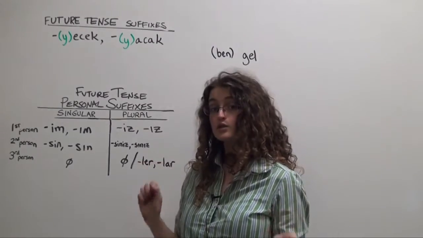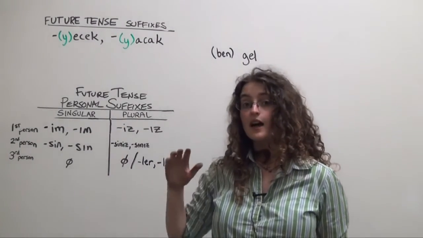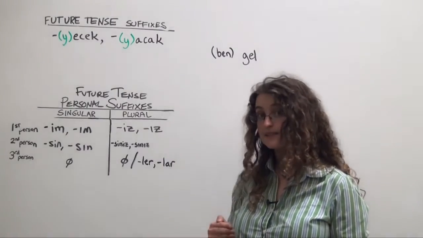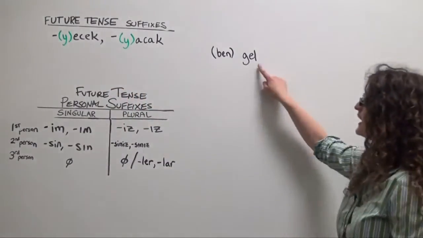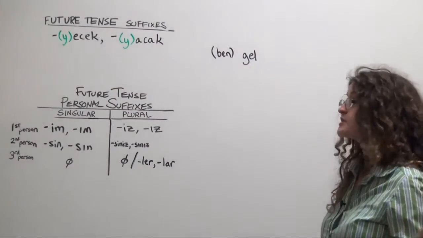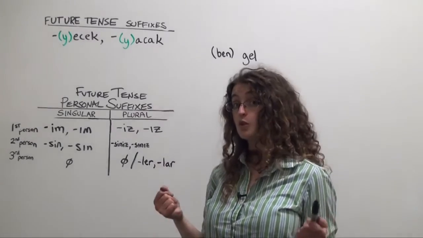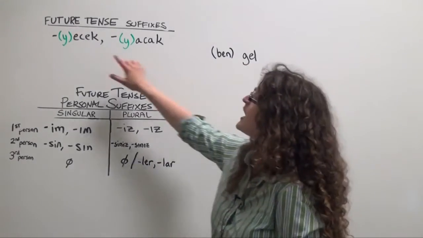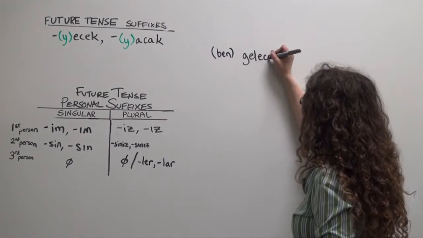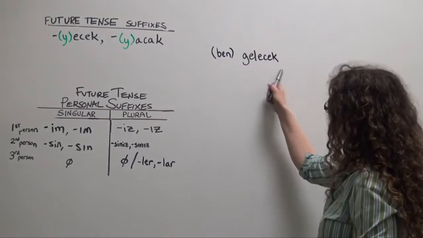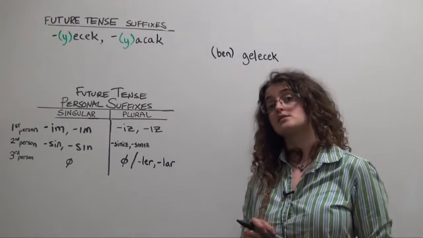And if the stem of the verb you're attaching the future tense suffix to ends in a vowel, you'll need to insert a buffer Y. Let's see, gel, nope, ends in a consonant, so we don't need a buffer Y. We just choose the appropriate form according to two-way vowel harmony. So gel, ecek. Gelecek.